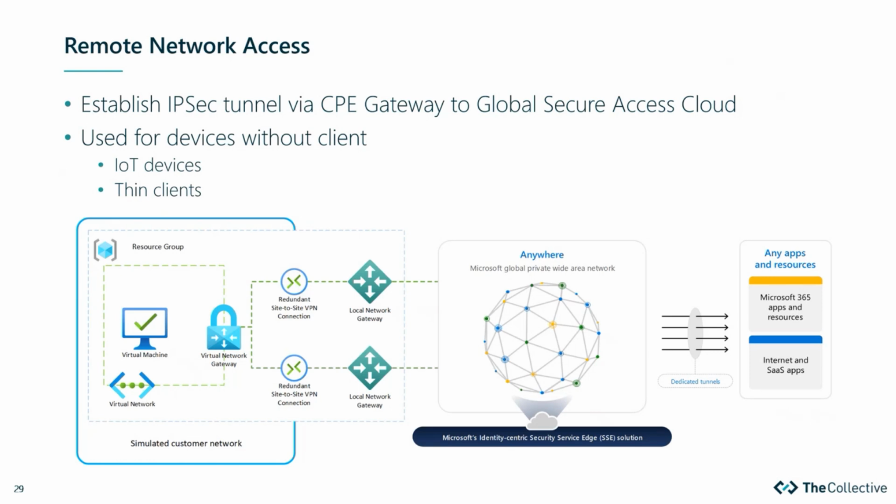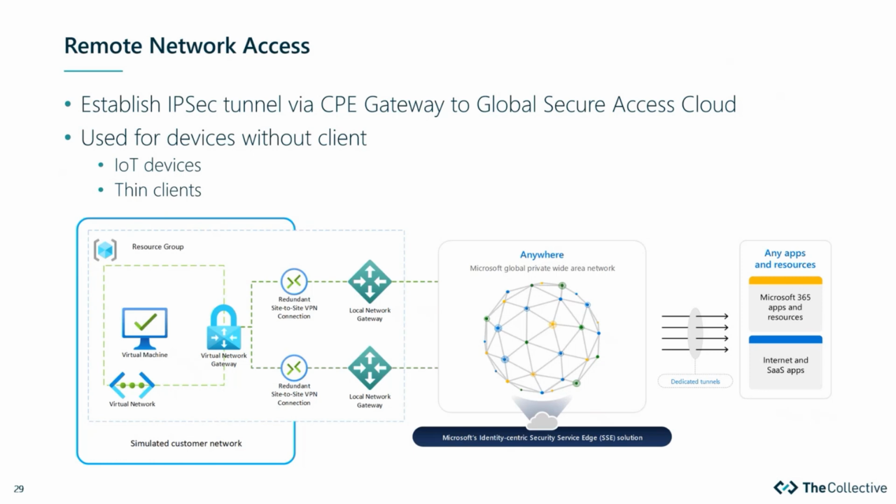Then we can actually build IPsec tunnels between the firewalls or the routing equipment at that branch office, build those IPsec tunnels with global secure access, allowing you to also tunnel devices or traffic from devices that cannot have a global secure access client installed through global secure access, and making sure those internet traffic is also secured.